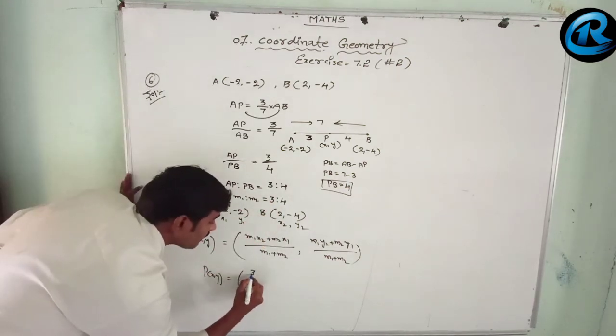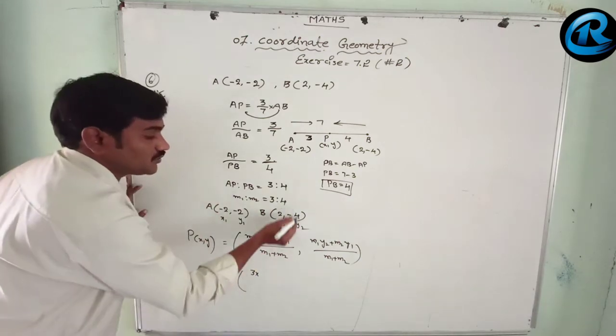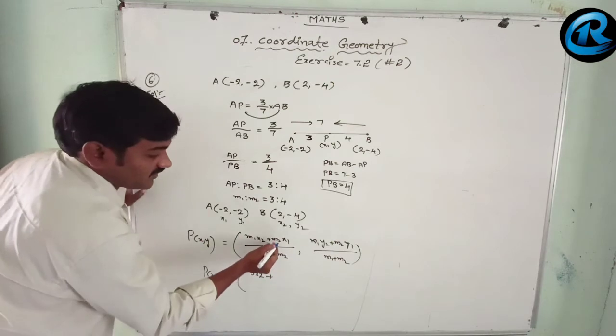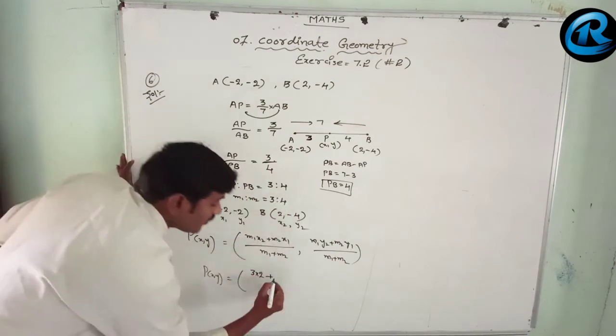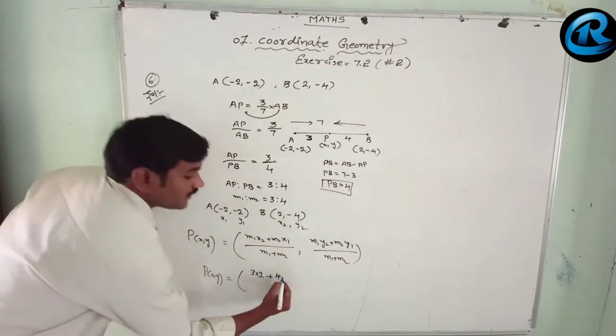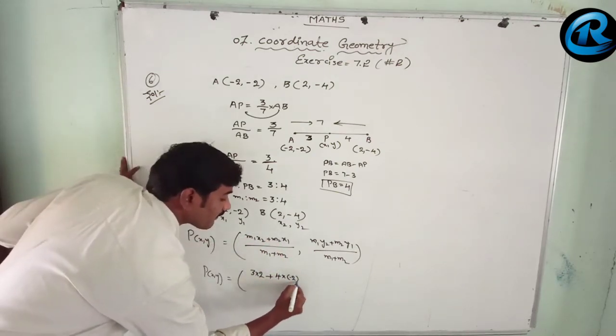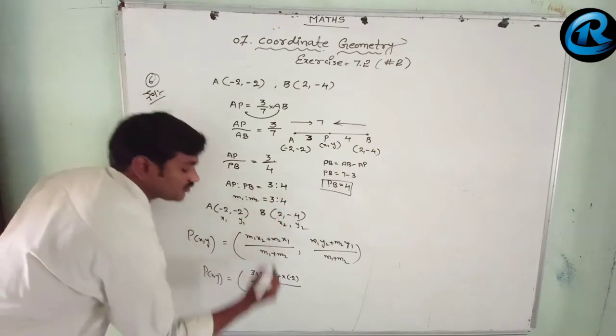Here the m1 value is 3 into x2, which is 2, so 3 into 2, plus, slowly do the simplification, m2 is 4 into x1, which is -2, by m1 plus m2, 3 plus 4.